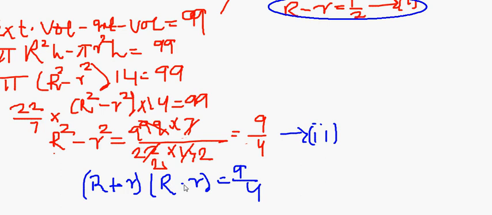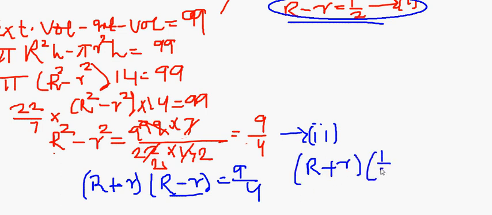Now we had got R minus r as 1 by 2, that I'll substitute here. So I'm getting R plus r multiplied to 1 by 2 is equal to 9 by 4.